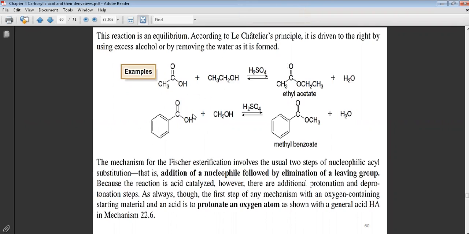And for example, we have here benzoic acid with methanol. That means this will be the nucleophile attacking here. This group will be substituted here, and OH will be removed from the structure to give you methyl benzoate.